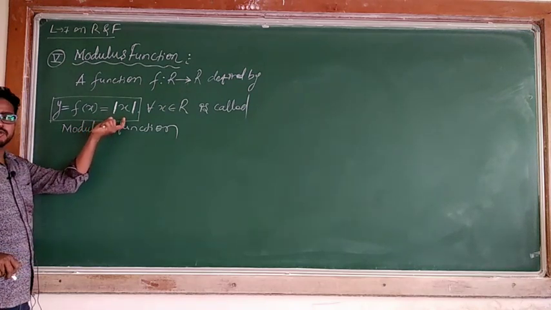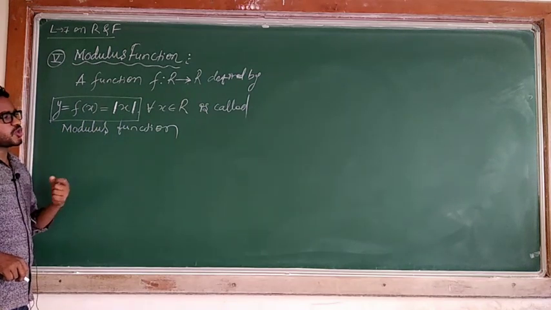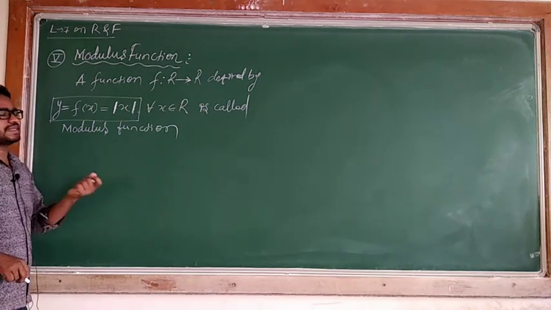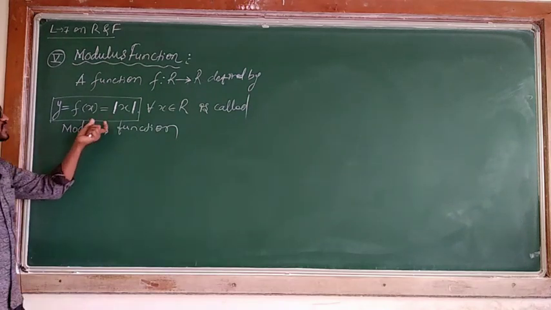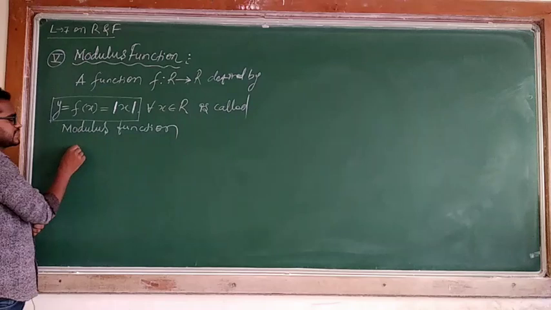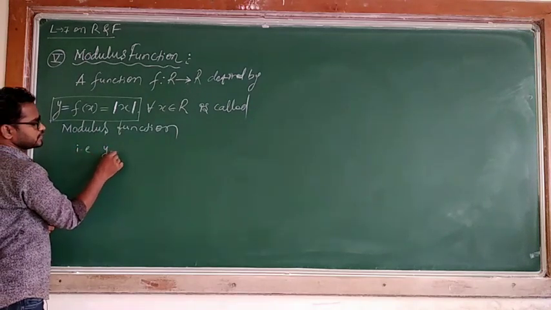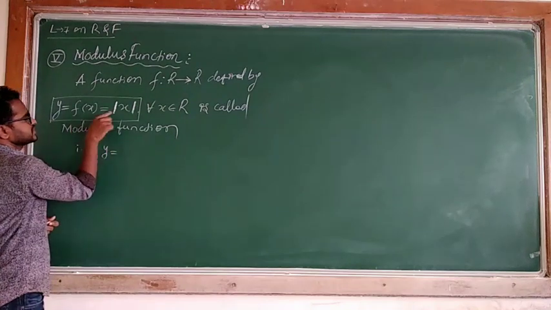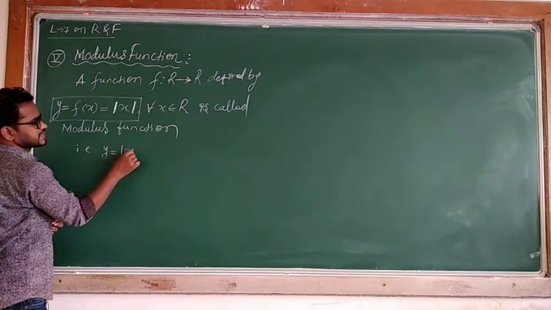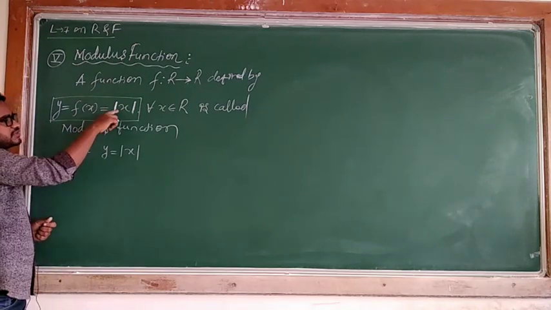Modulus of x is always a positive value, or you can say a non-negative real number. Always a non-negative real number. So y is equal to f of x, which is modulus of x.